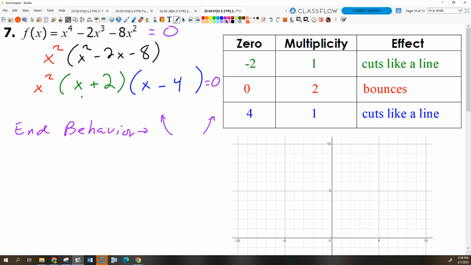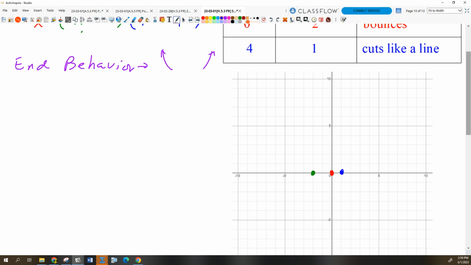Well, first of all, let's add our x-intercepts in there. We had a green x-intercept at -2. We had a red x-intercept at 0. And we had a blue x-intercept at +1. Okay, and we know our end behavior is rising to the left and to the right.